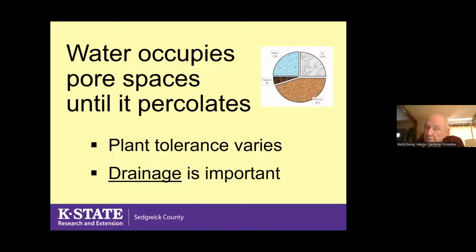So that's why drainage is such an important feature. Every plant variety has a different time frame that they can tolerate being without that oxygen. So without good drainage, a lot of plants will start to deteriorate really, really quickly.